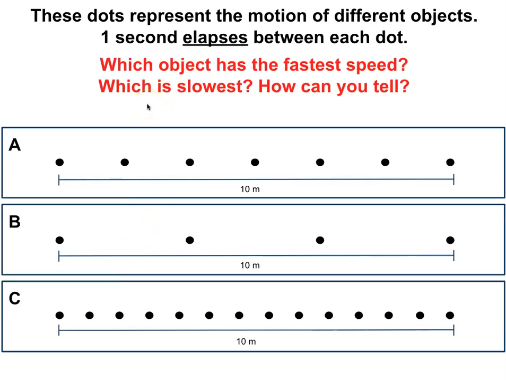One way that we can visualize how an object's position changes with time is by using dots. These dots represent the motion of different objects. 1 second elapses between each dot. So which object has the fastest speed, which is the slowest, and how can you tell?